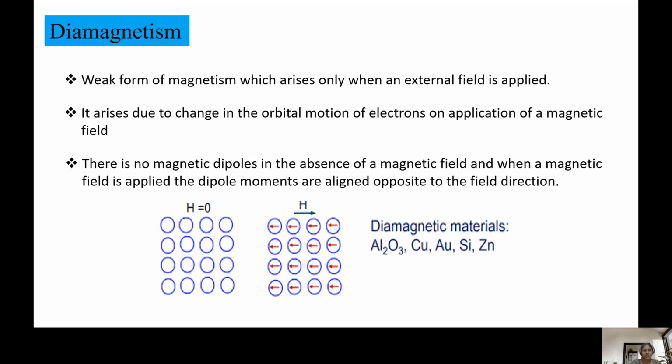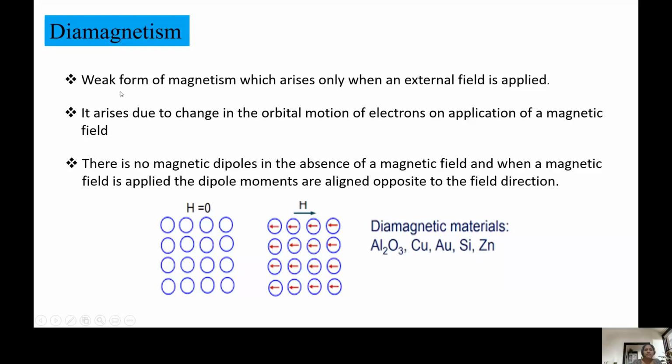The externally applied field H imposes a force on the electrons, which changes their angular momentum and velocity as they move in orbitals around the nucleus. Due to that change in orbital motion, this magnetism comes, and it is said to be diamagnetism.